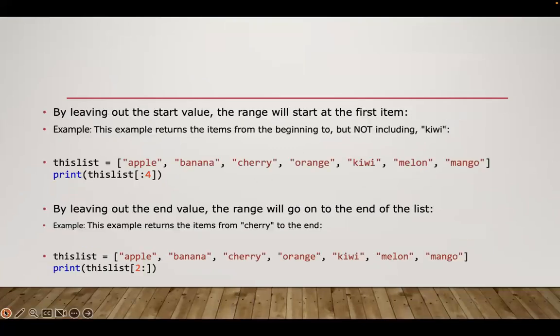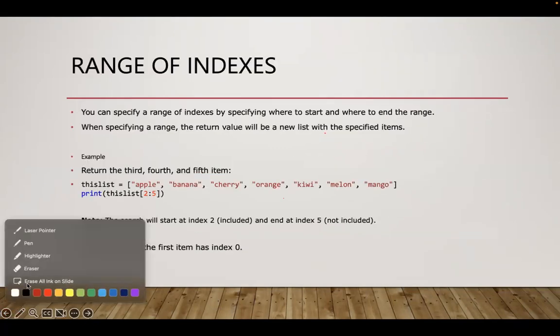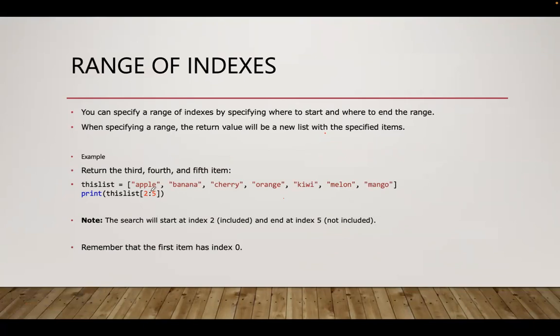So now I want you to get this point very clear. Let me repeat myself again. When you say print 2 colon 5, the meaning is you're saying I want you to print starting from the index number 2, which is this, onto 5.